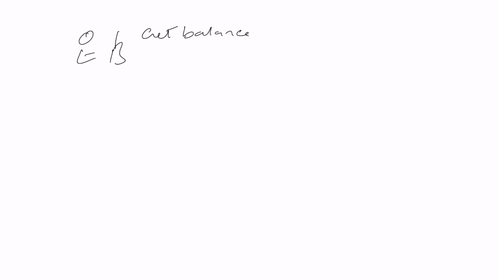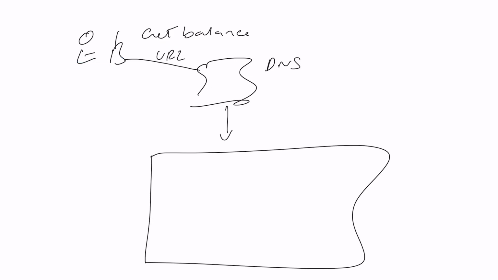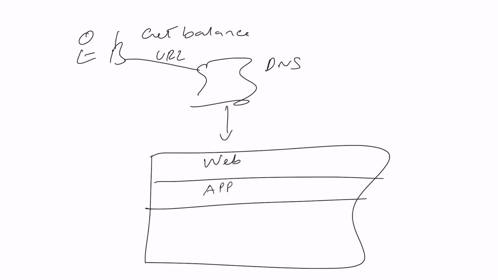We know now how this mobile app connects over the internet, connects to some DNS, how the URL is accessed and how it enters our data center. Then there is a web layer on which it hits, then there is an app layer, then there is a database layer. When I talk about layers, there are actual instances or servers over here, and you have your connections going to this server.